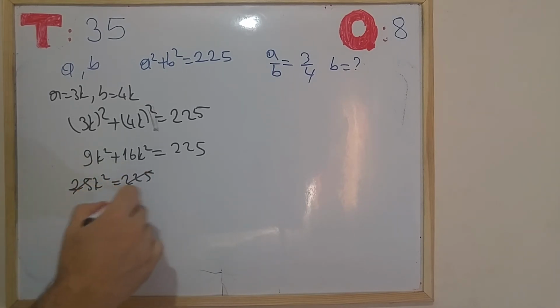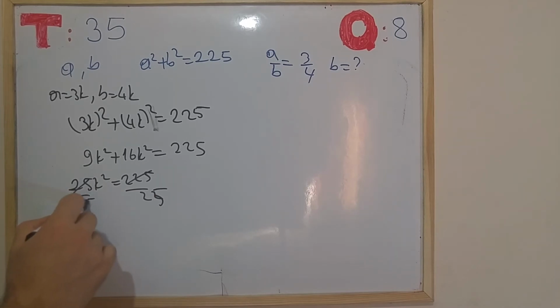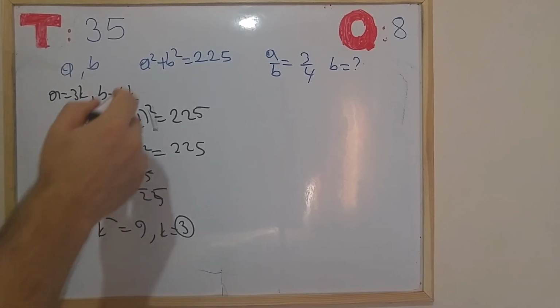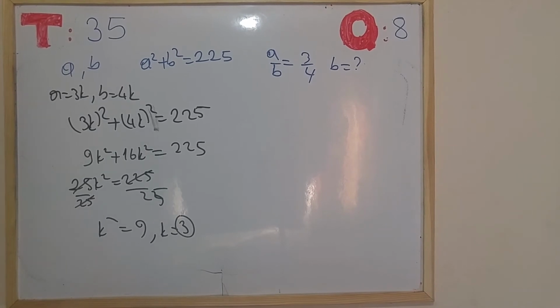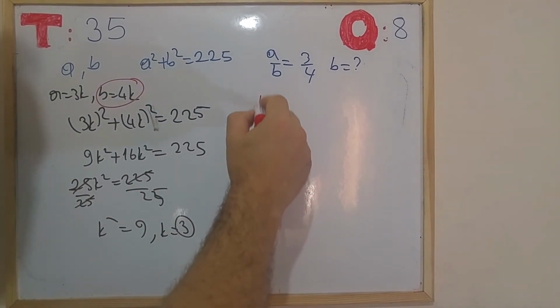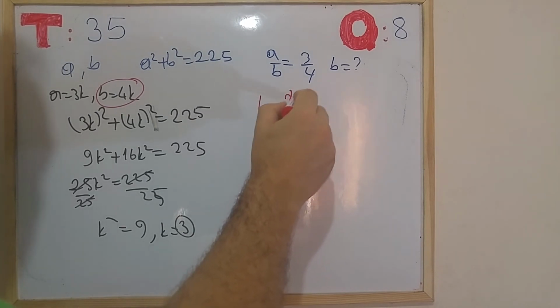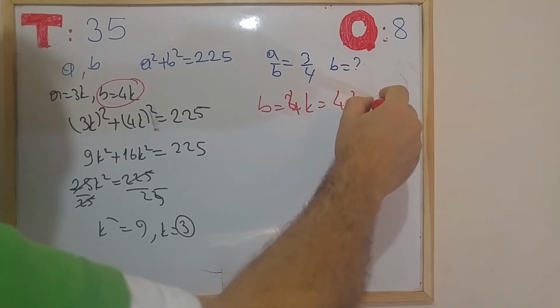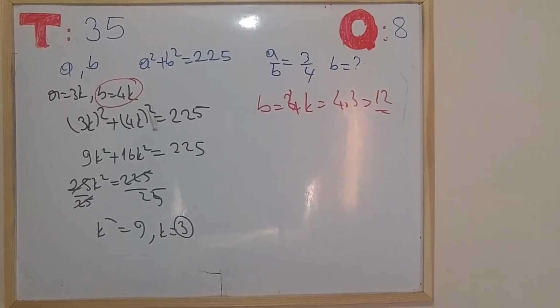So k square, when I divide each side by 25, is equal to 9 and k is equal to 3. Now I need to find out, not k, b. So b is equal to 4k, which is equal to 4 times 3, which is 12.